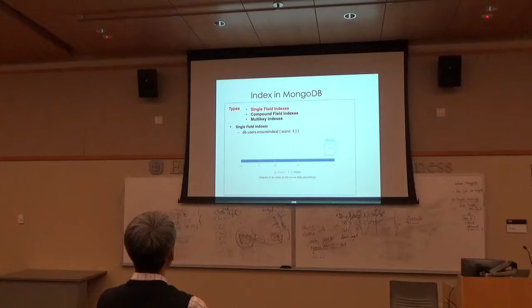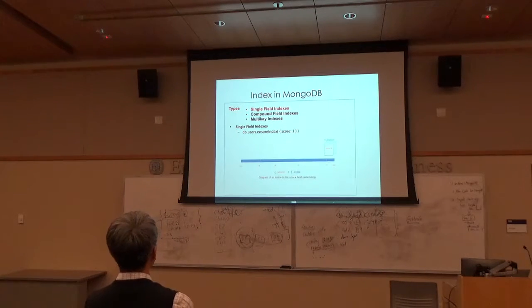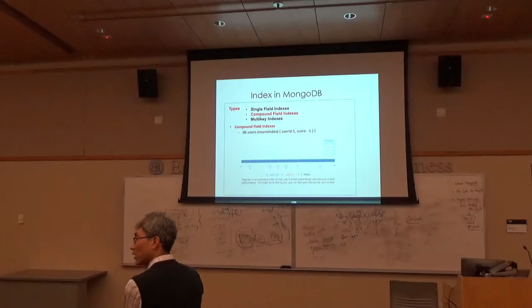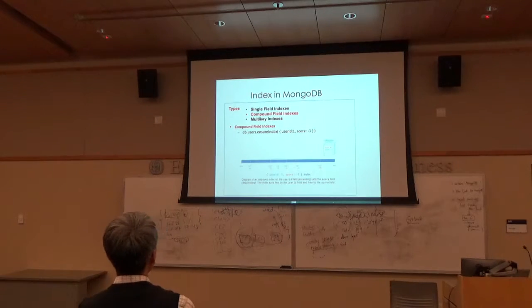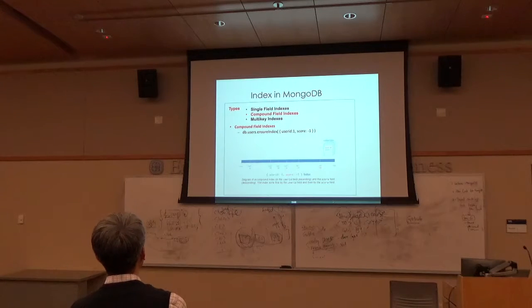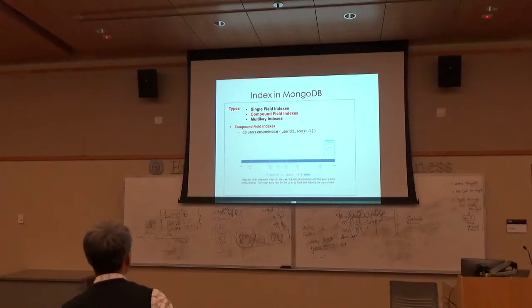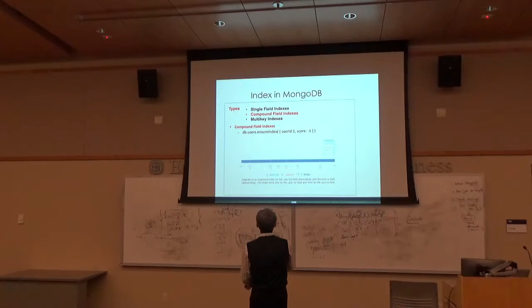It's a single field index we already checked before, and a compound index is a composite index, so two attributes are used for the indexing. In this case, ascending order of user ID, and for each user, descending order of the score. For example, this is the first user, this is the second user, this is the third user.